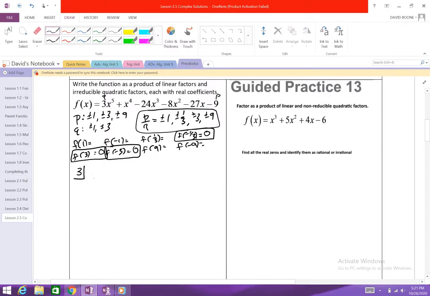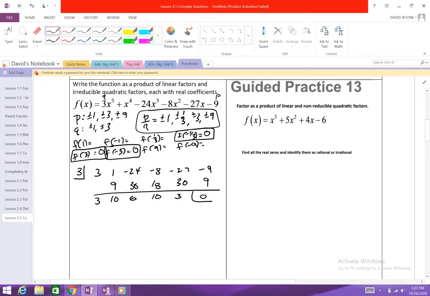I'm going to take 3 and take the coefficients of the original function up there, which is 3, 1, -24, -8, -27, -9. Bring that first one down, multiply and add, multiply and add, multiply and add, multiply and add, multiply.